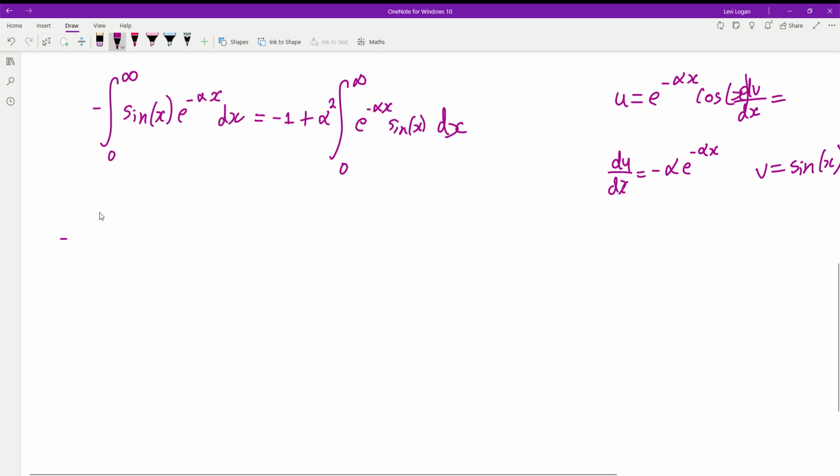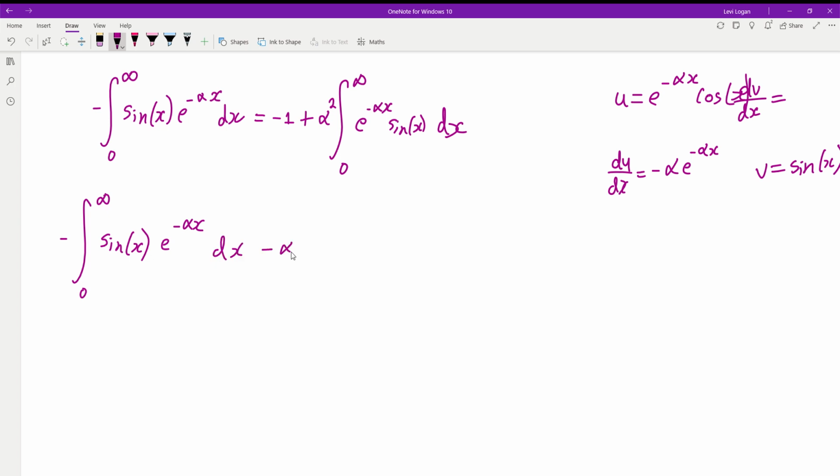So we're going to have negative the integral from 0 to infinity of sine x e to the negative alpha x dx minus alpha squared, the integral from 0 to infinity sine x, I'll write them exactly the same so you can see how exactly the same they are, dx is equal to negative 1.